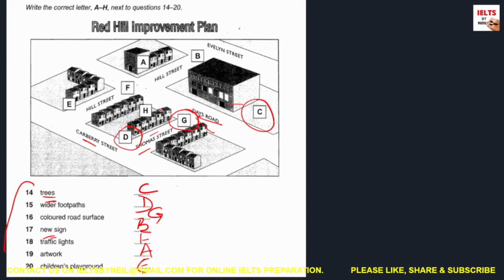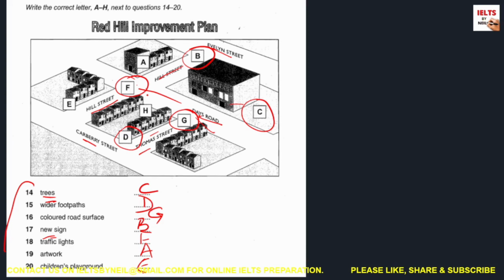One way of making sure that the pedestrians are safe is to increase signage at the intersections. A Keep Clear sign will be erected at the junction of Evelyn Street and Hill Street to enable traffic to exit at all times. Something we're planning to do to help control the flow of traffic in the area is to install traffic lights halfway down Hill Street where it crosses Days Road. Now, we haven't only thought about the cars and traffic, of course, there's also something for the children.